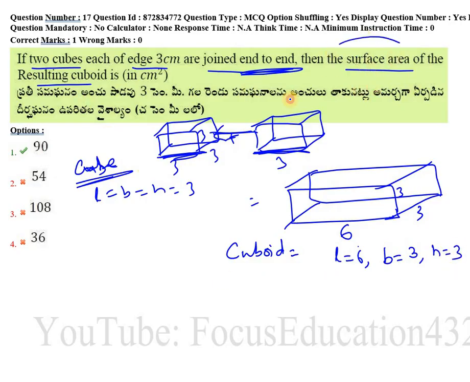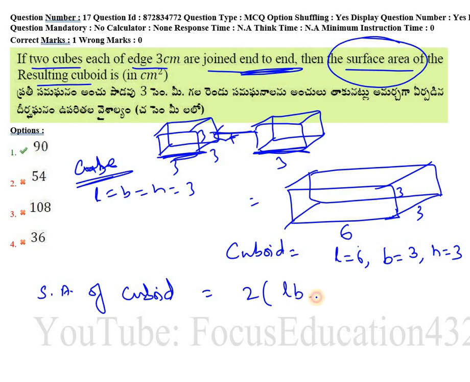Now we have to find the surface area of this cuboid. So surface area of cuboid formula we must know. What is the surface area of cuboid formula? 2 multiplied by LB, length into breadth, plus breadth into height, BH, plus height into length.